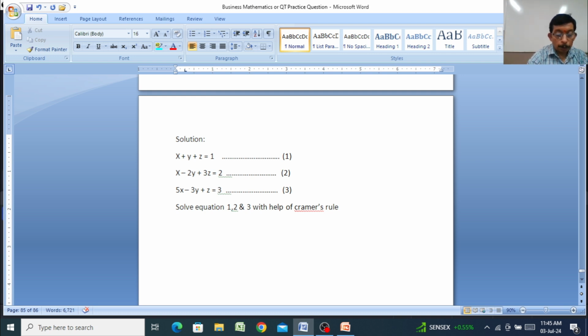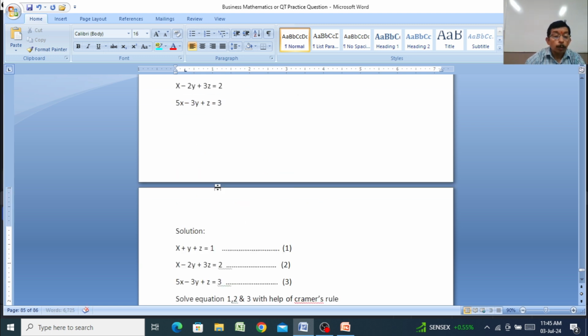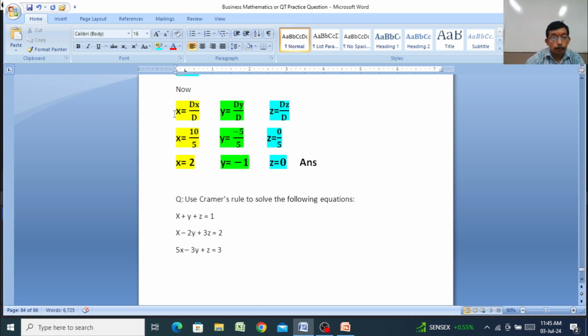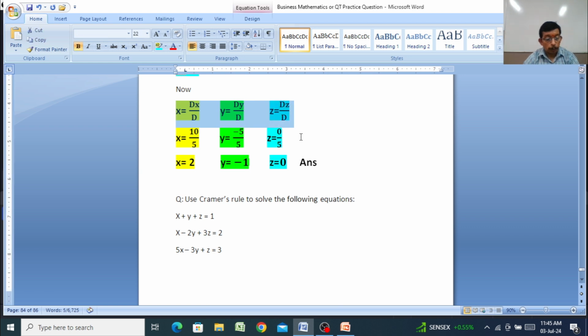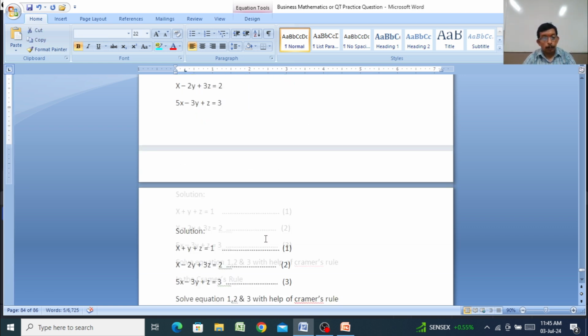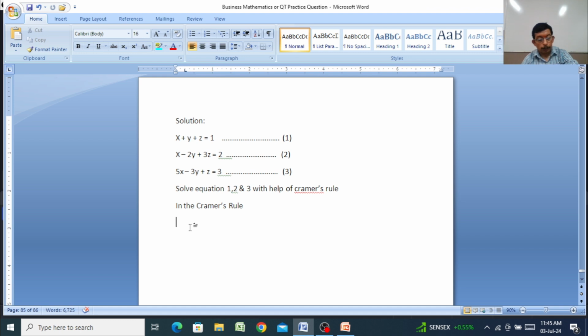In the Cramer rule, x is equal to dx upon d, y is equal to dy upon d, and z is equal to dz upon d.